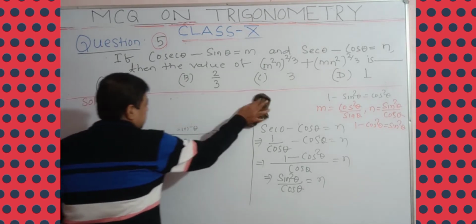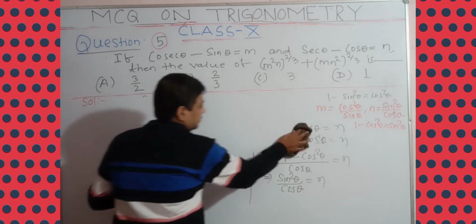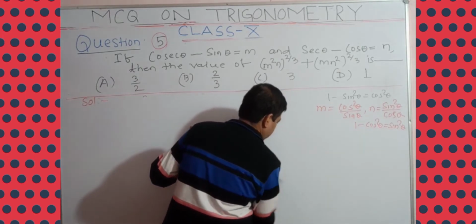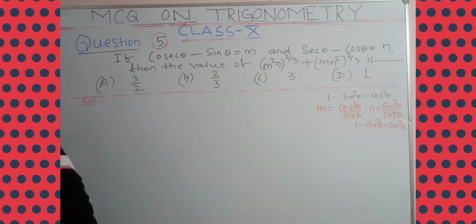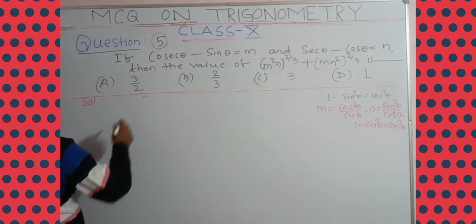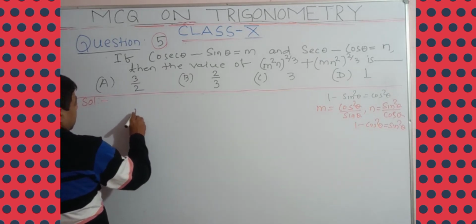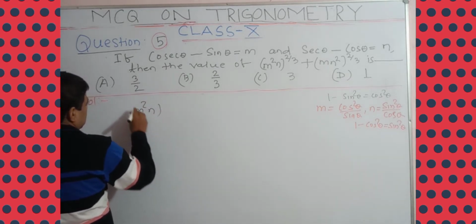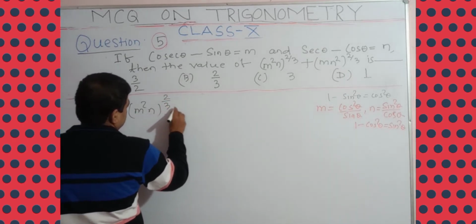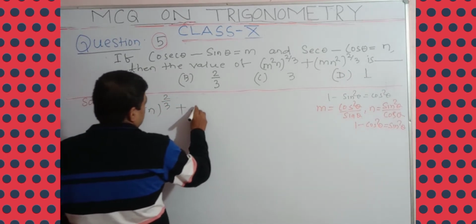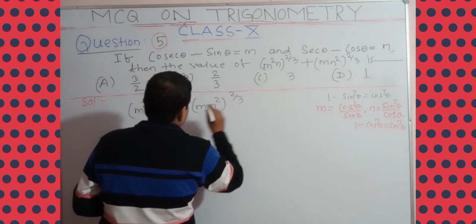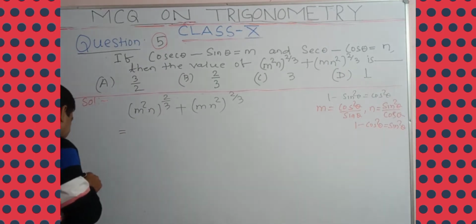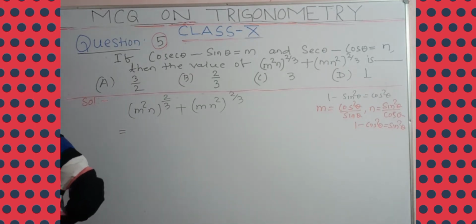Okay. Let's see here. The given expression is given. You have to find out the value of (m square n) whole to the power 2 upon 3 plus (mn square) whole to the power 2 upon 3. What is the value we have to find out? Yes, we have to find out the value of the given expression.